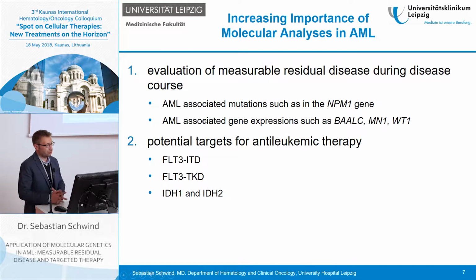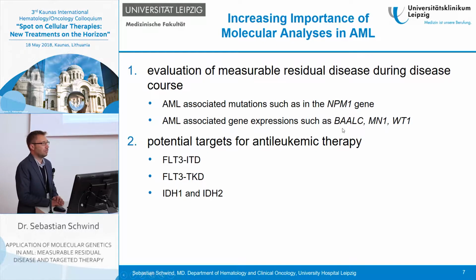I want to focus on two things that are basically applicable in the clinic today. First is the evaluation of measurable residual disease during the disease course. And then I'm going to show you two examples. For one, AML-associated mutations such as the NPM1 gene. I'm also going to show AML-associated gene expressions such as BAALC, MN1, WT1.